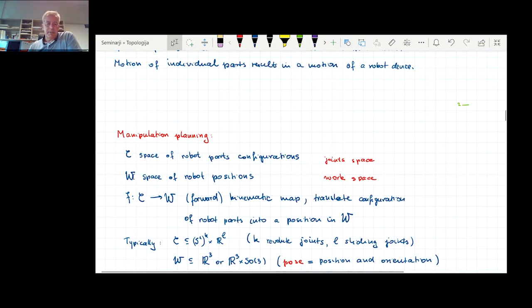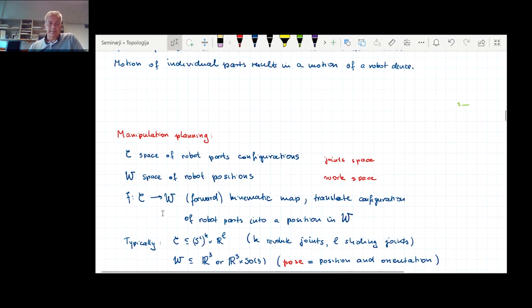And then you have the space within which the robot moves, and this is called the workspace, or space within which there is some activity. And those are connected by a map, which is called the kinematic map, or sometimes for precision the forward kinematic map, which translates configurations of the inner parts into the position of the robot.